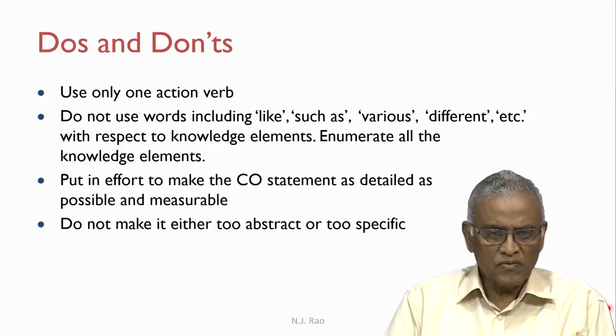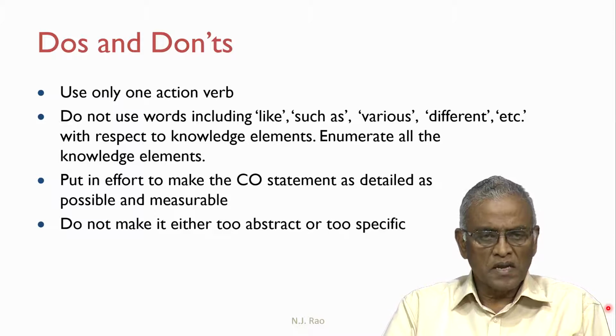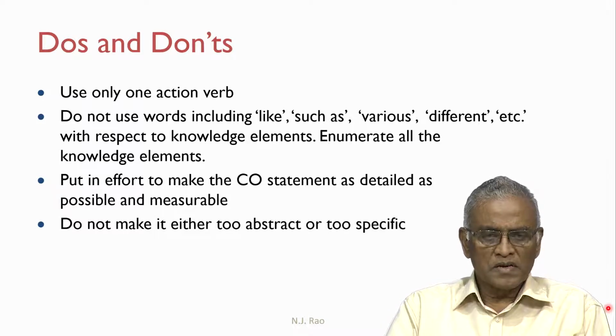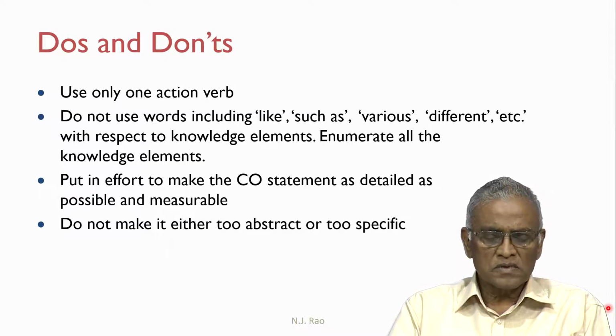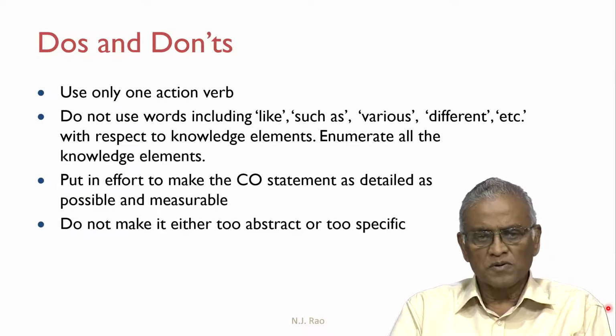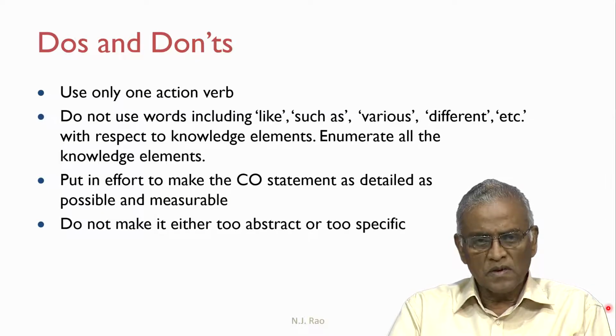For example, whenever you write a CO, it represents anywhere from 10% of the course to almost 20-25% of the course. So, one should be able to design a large number of assessment items, and if it is too specific you will end up stating one question.